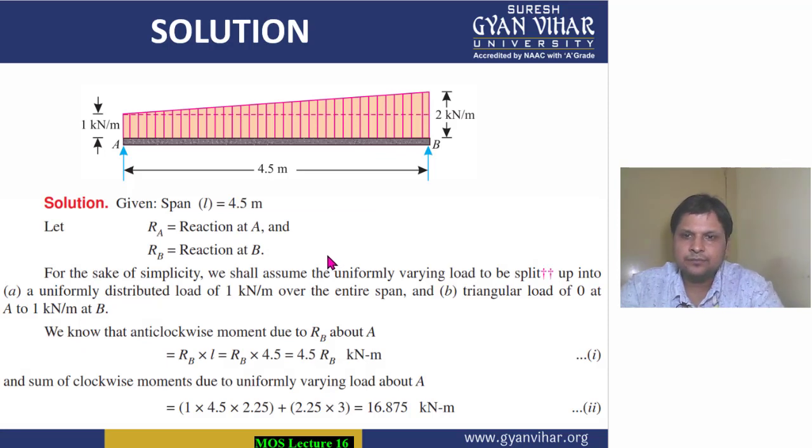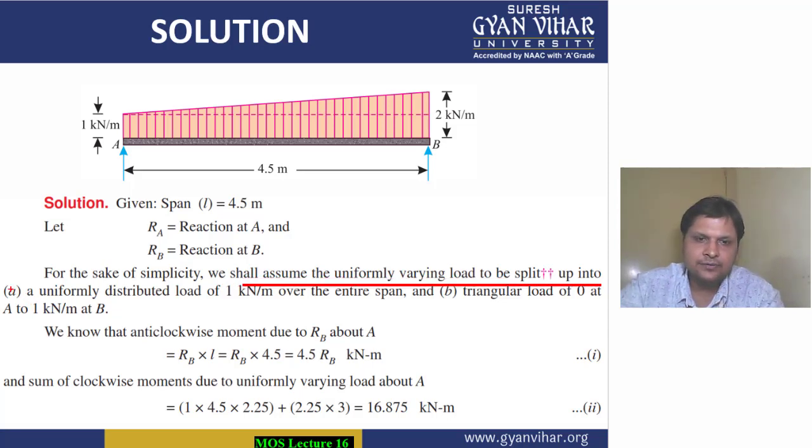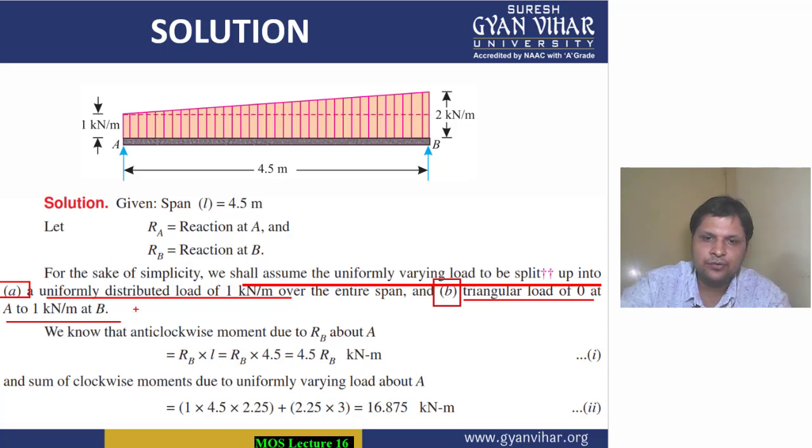See here, students, we have assumed the uniformly varying load to be split up into first a uniformly distributed load of 1 kilonewton per meter over the entire span, and the second is a triangular load of 0 at one side to 1 kilonewton per meter at the other side, as I have told you.